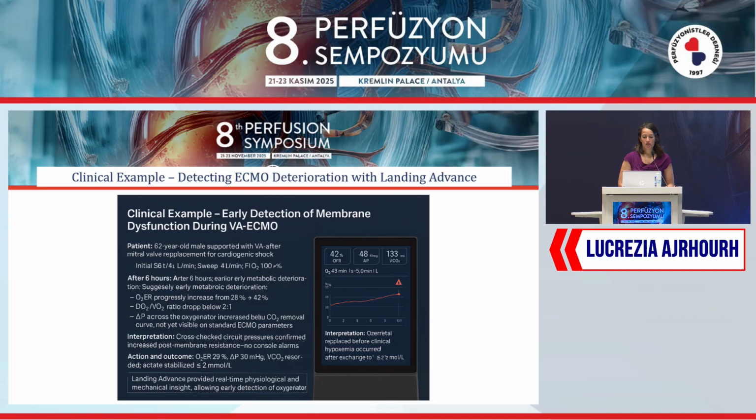There was a change in the situation after 6 hours, with a progressive increase in O2 from 28 to 42%, and a DO2-VO2 ratio dropping below 2, with a ratio to 1, and a gradual rise in pressure drop across the oxygenator, decreased VCO2, and a flattened CO2 removal curve.